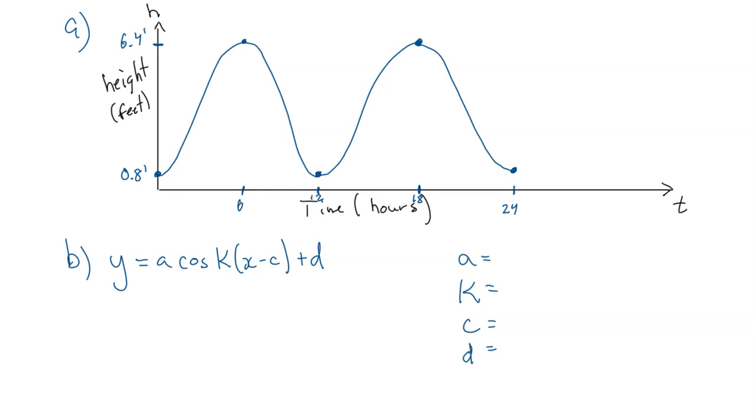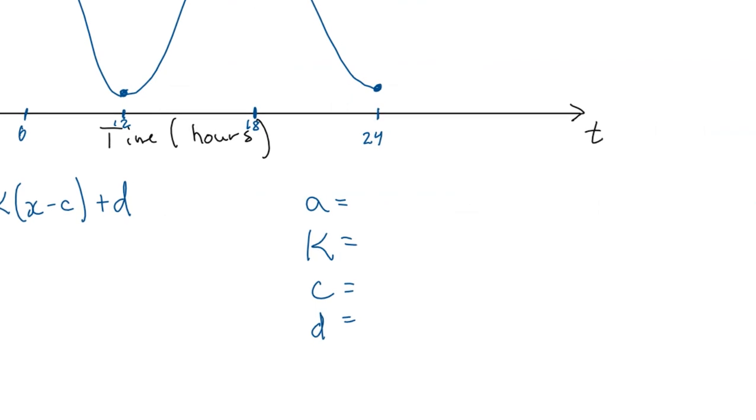What is the amplitude? How did you get that? Okay, good. So amplitude is the max minus the min, so 6.4 minus 0.8. What do I have to do to it? Divide by 2.